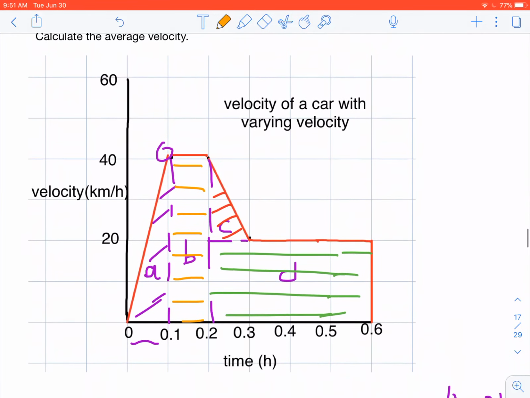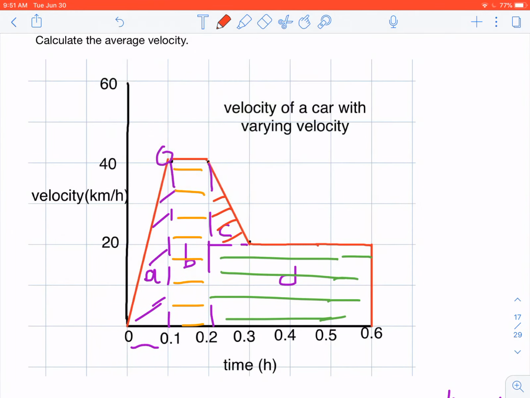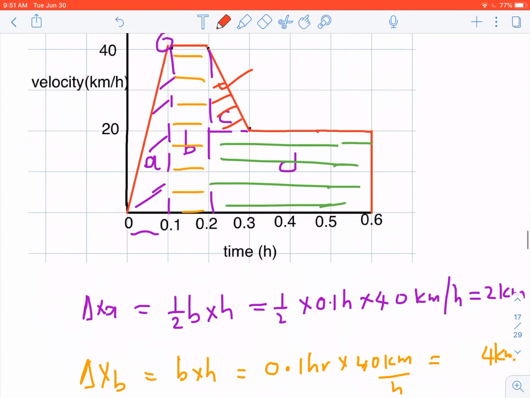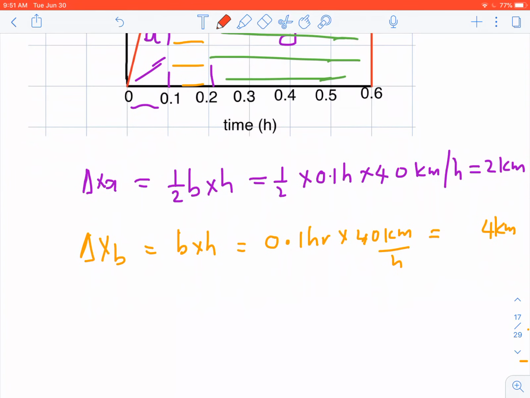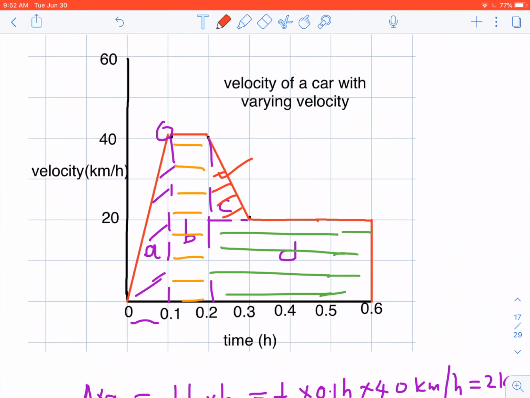Then we go to the next one, and here we say change in x of C is again equal to a half base times height, and that would be a half times 1 hours times what is the difference?